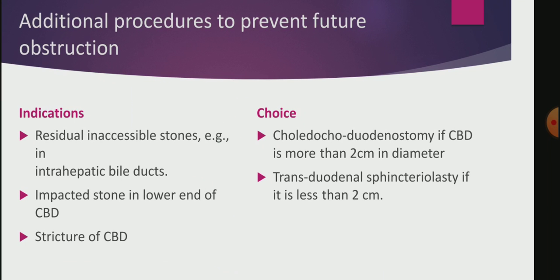So we have other choices for treatment, like choledochoduodenostomy, which means anastomosis between the common bile duct and the first part of the duodenum, if the CBD caliber is more than 2 centimeters, or transduodenal sphincteroplasty if the stone is less than 2 centimeters. All these choices are indicated, as we said, in residual inaccessible stone, impacted stone in the lower end of the CBD, or stricture of the CBD.